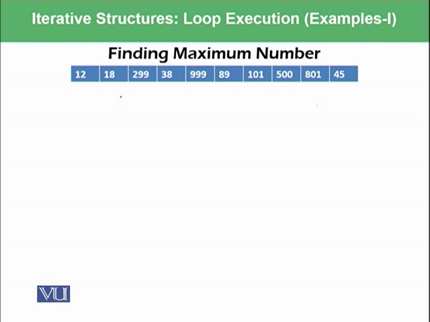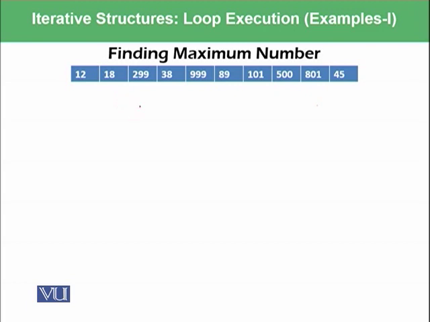So let's make an algorithm for it, so that whatever the size of the list given to this algorithm which we will be developing, the algorithm can find the maximum value from the list. First of all, we need to traverse this list from start until end.